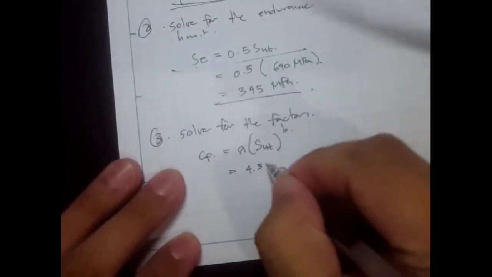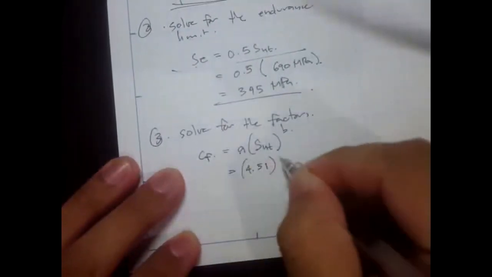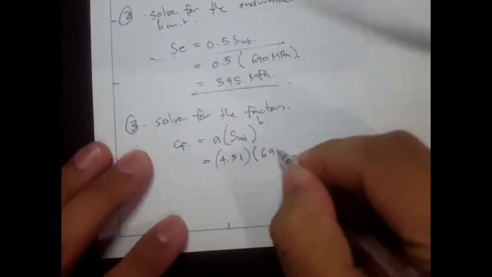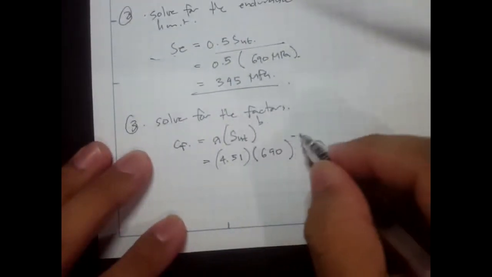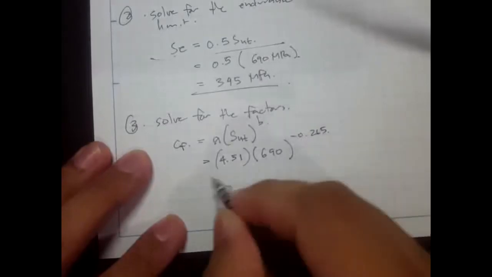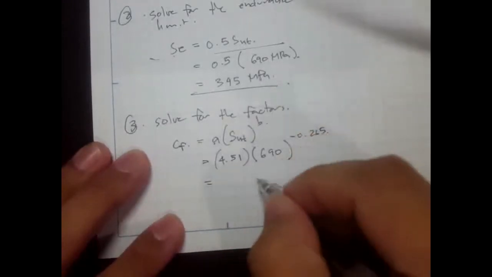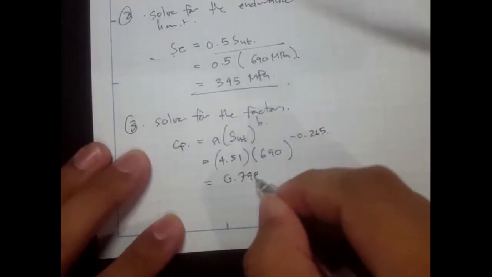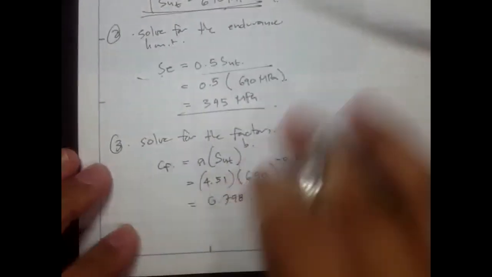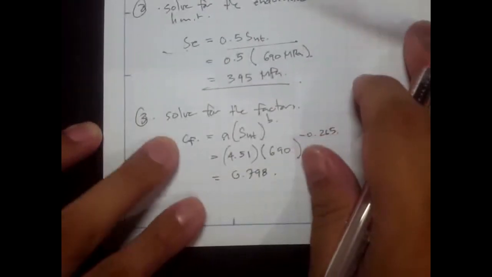So 4.51 times the ultimate tensile strength, 690, raised to negative 0.265, is 0.798. That's the surface finish factor.